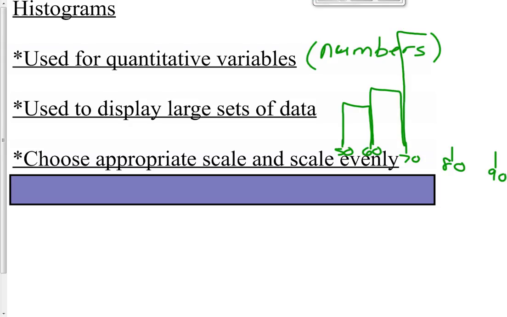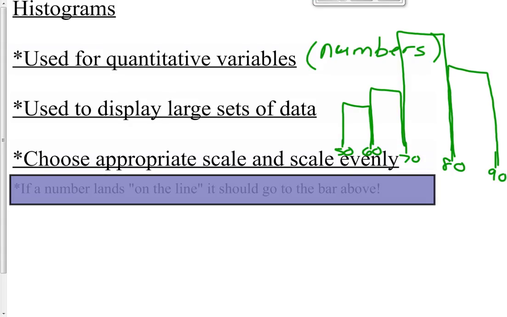Maybe there were 12 that got in the 70s. Maybe there were 9 that got in the 80s, something like that. You choose a scale. The scale I chose was 10: 50, 60, 70, 80, 90, and you scale evenly. You wouldn't scale 50, and then 55, and then 65, and then 72, and then 83. You choose, and then you scale evenly. That's what you do when you make a histogram.